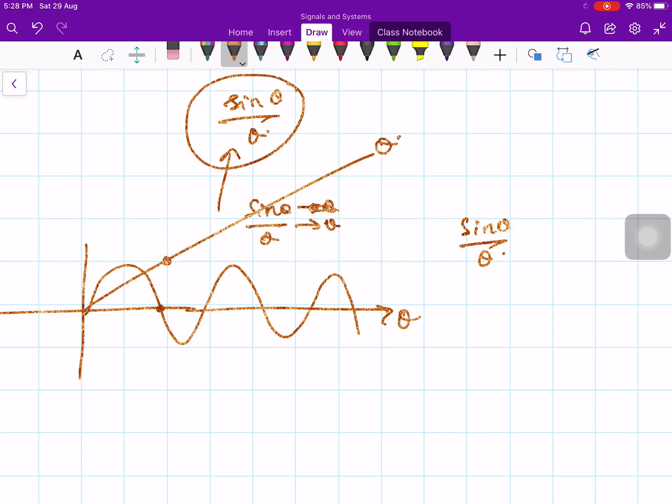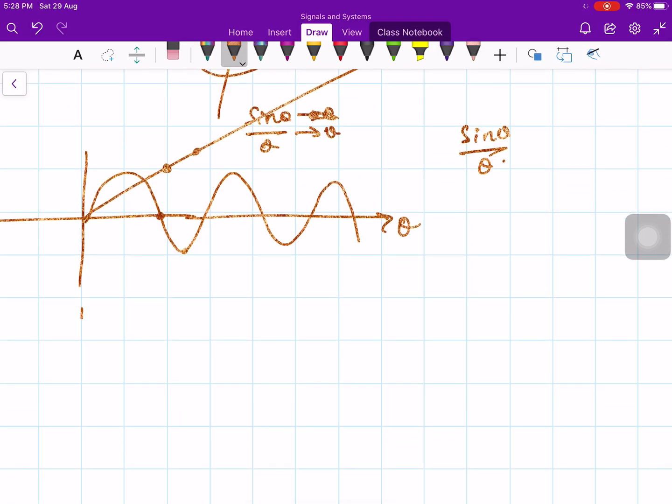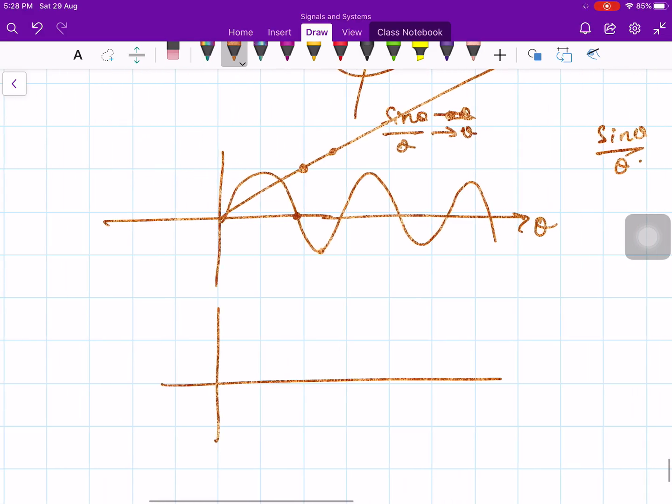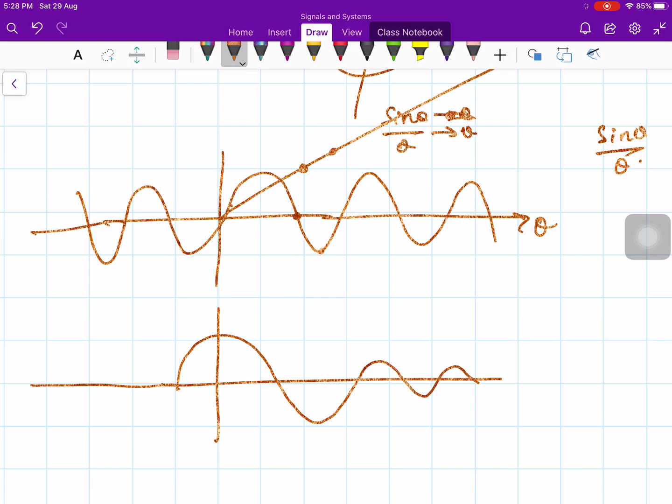So 0 by non-zero is 0. And here the value is negative, and here some value is positive, so again you will get a negative value. In fact the function repeats on the negative side also. Then sine theta by theta looks like this, keeps on reducing like this. So this is sine theta divided by theta.